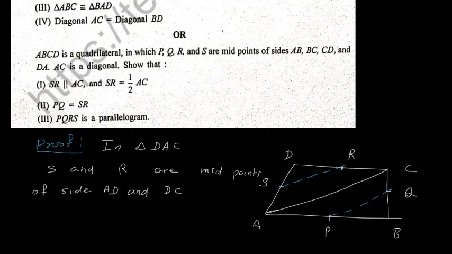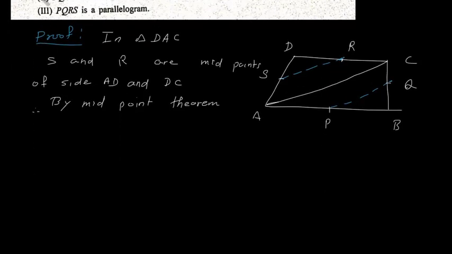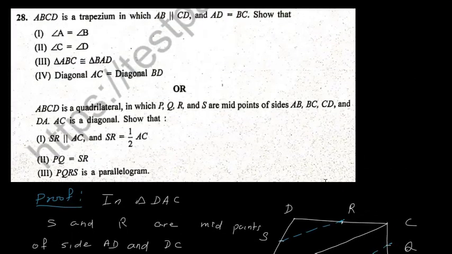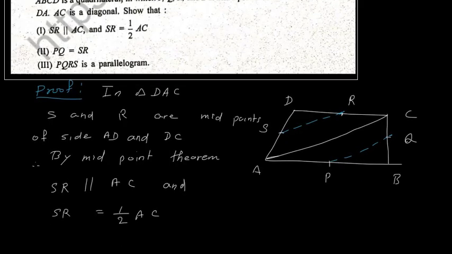So therefore, by midpoint theorem, SR is parallel to AC and SR is half of AC. So this first part is done. SR is parallel to AC and SR is half of AC.